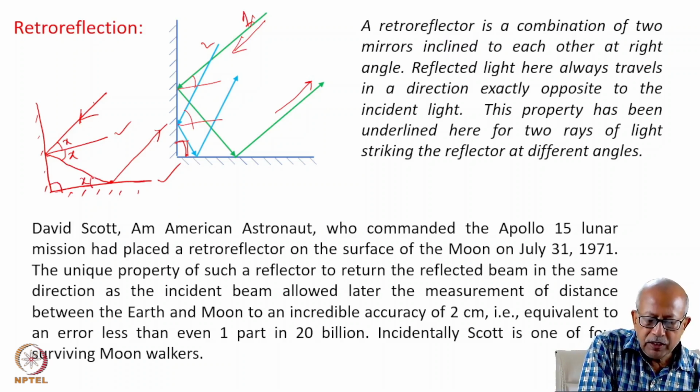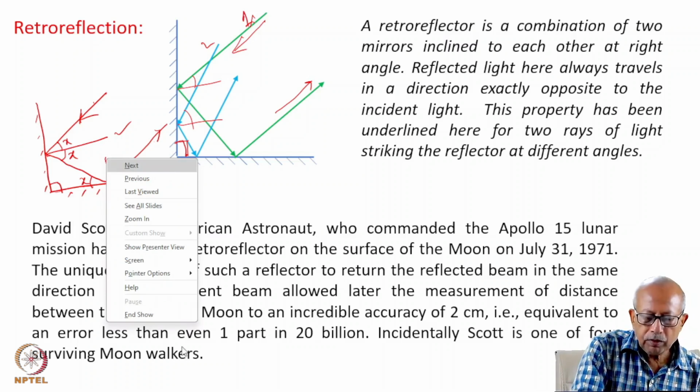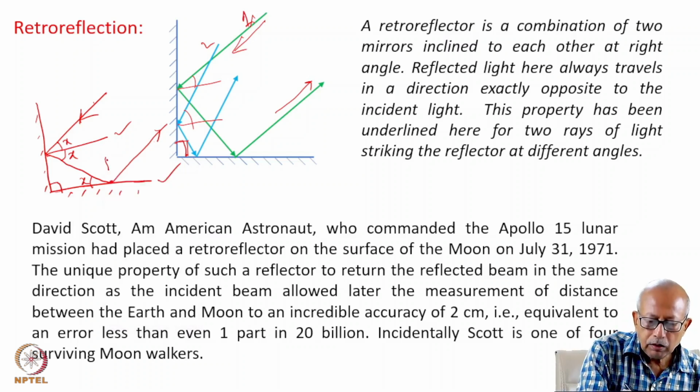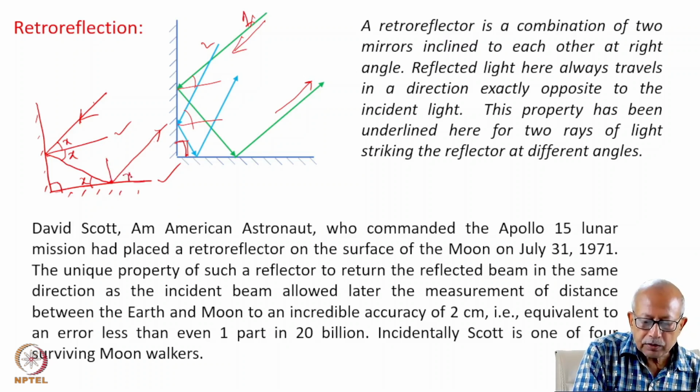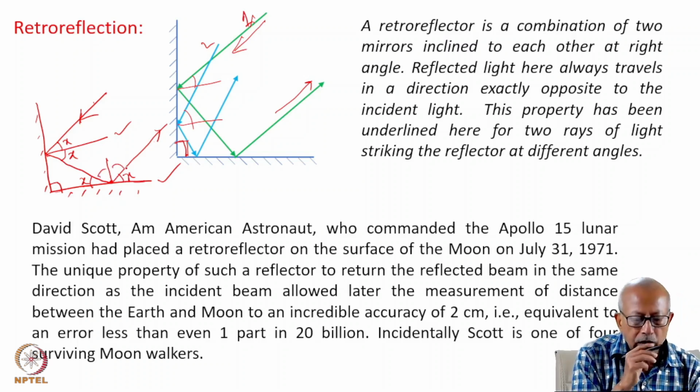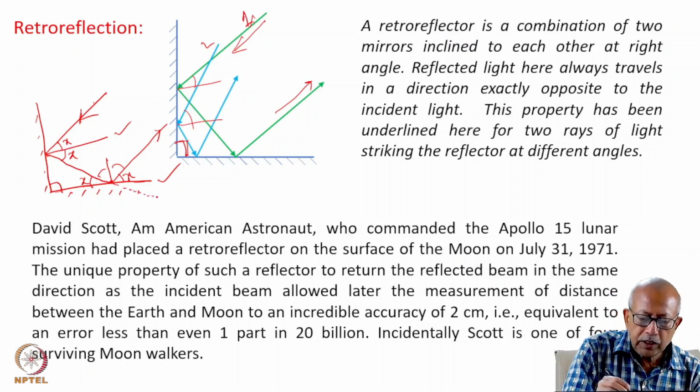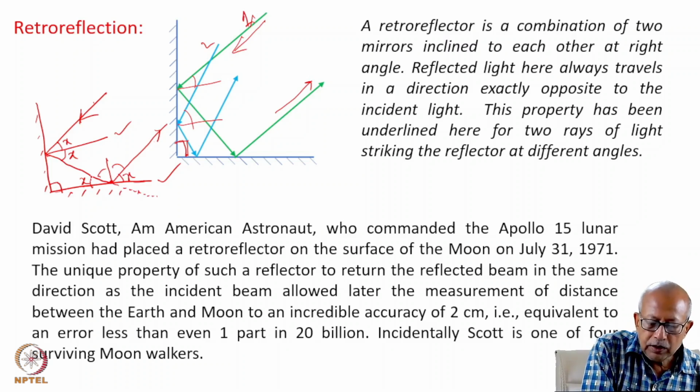And if this angle is x, if we draw a perpendicular, then this angle too is x, because this and this are equal. Therefore, if we extend this way, this angle and this angle are also x.